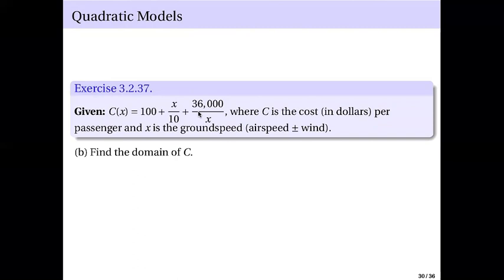Since x represents the ground speed, it's just positive or zero.